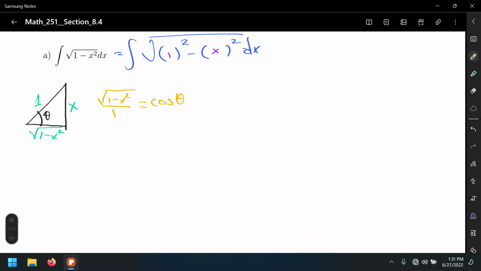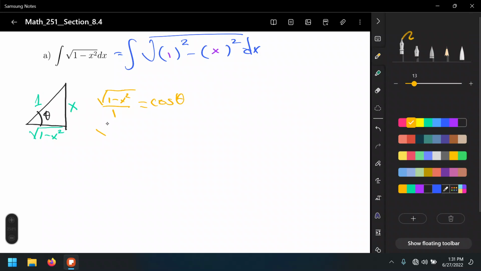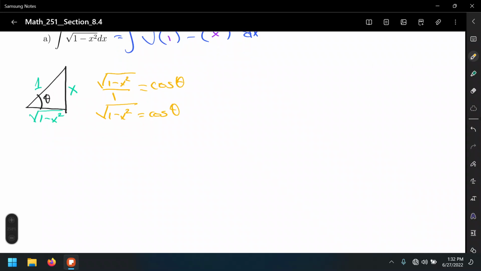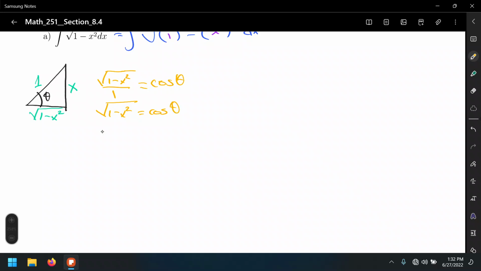So from here, the radical, square root of 1 minus x squared, equals cosine theta, and x over 1 equals, what's the trigonometric function? Sine. All right? Sine.